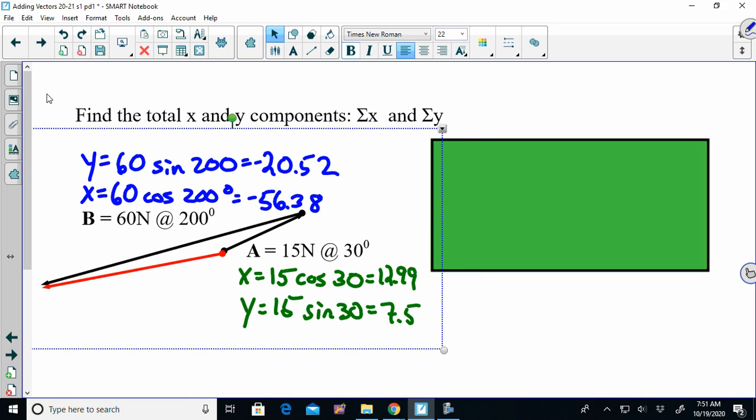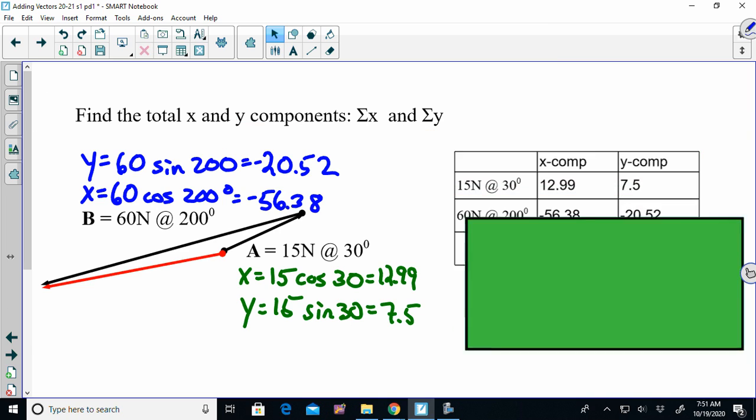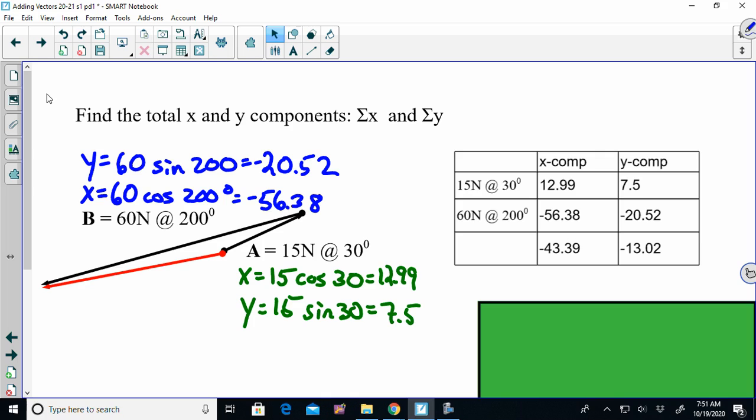So step 3, find the total x and the total y. That's pretty simple. I'm going to put down here a total, which is why I made an extra column in my chart to begin with. And I add up the x components.